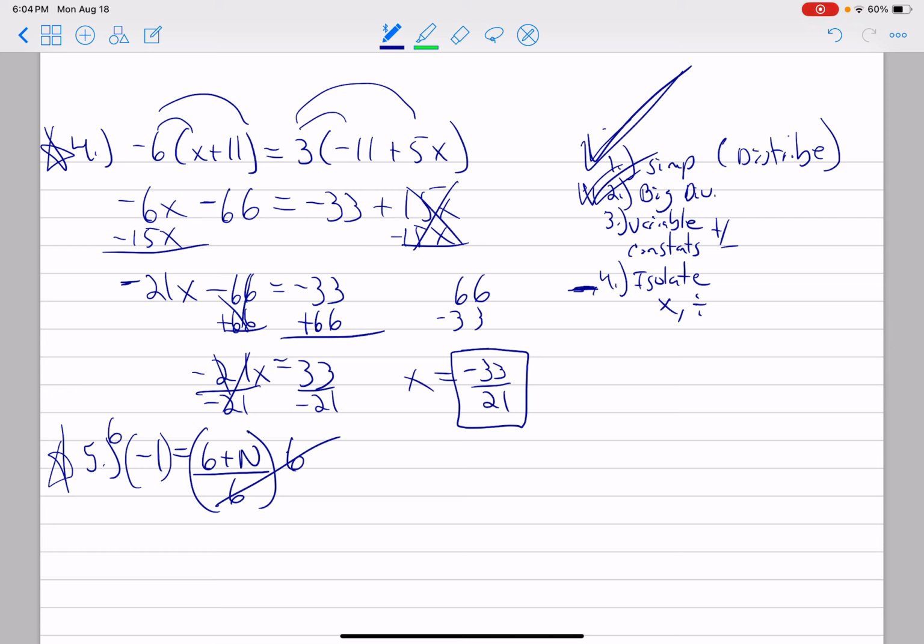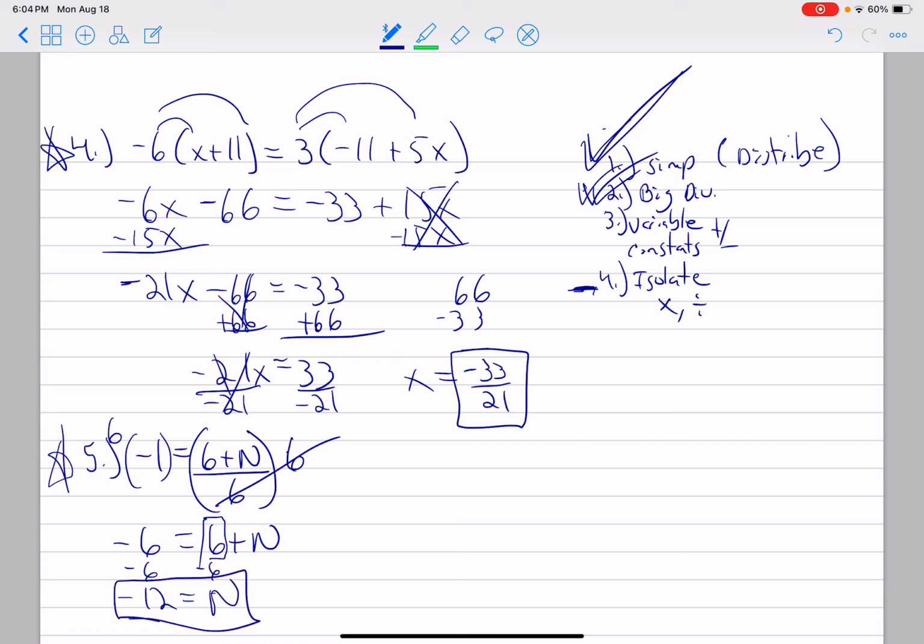And multiply by 6. So I end up with 6 plus n equals negative 6. Ooh, this is looking pretty good. And now, are all my variables on one side? Yes. Are all my constants on the other side? No. I want to get rid of this 6. So I'm going to go minus 6, minus 6. Oh, snap, son. Negative 6 minus 6 is negative 12.